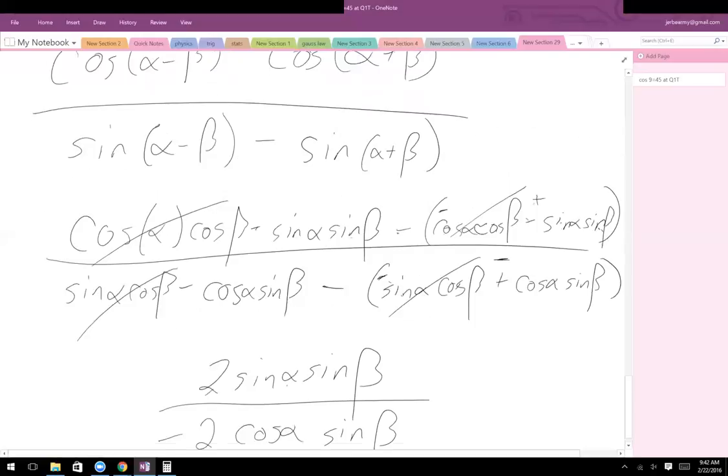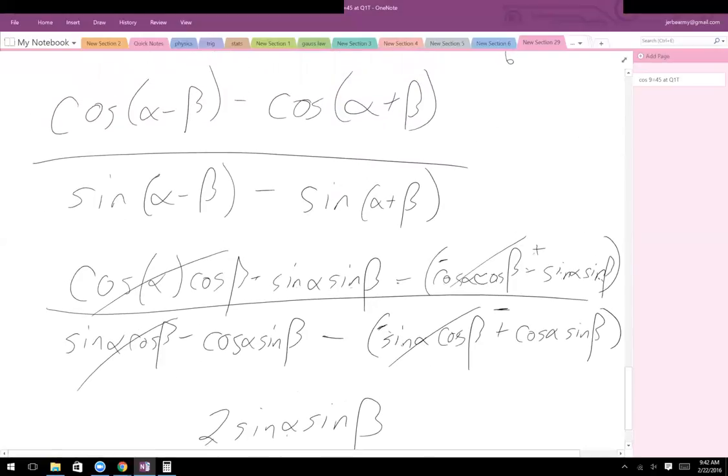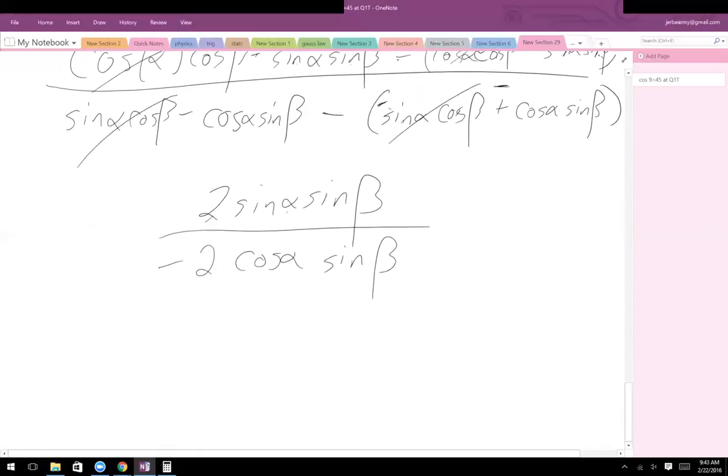Yes. How did we change that cosine into sine? Okay, this is just using the formula for the cosine of a difference. It's cosine alpha cosine beta plus sine alpha sine beta. Okay. And same thing on the other one. Okay, sorry, I was really lost on that.